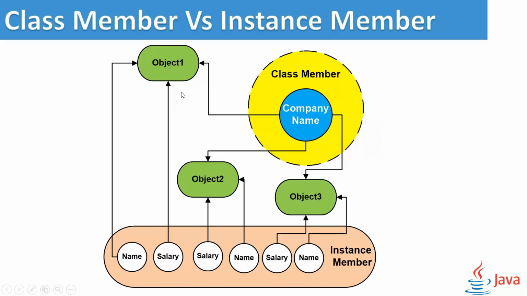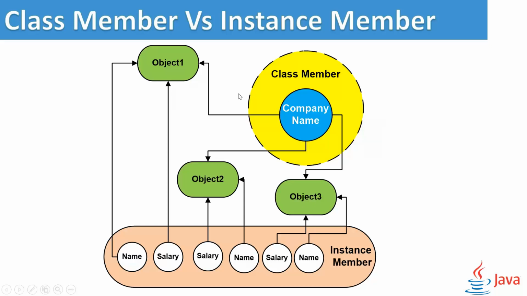In this image, we can see object 1, object 2 and object 3 have a separate memory area for name and salary. Suppose we change the name of object 1, it will not impact the name of object 2 or object 3.